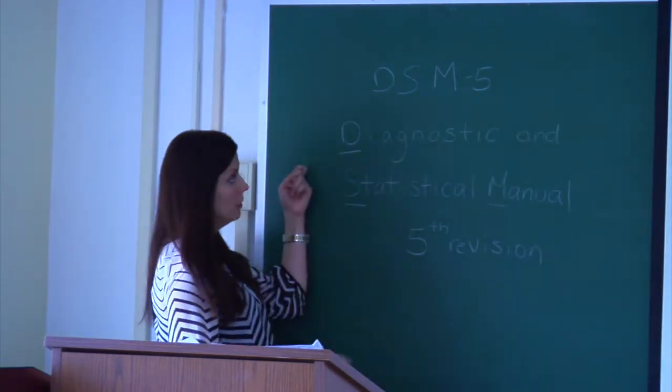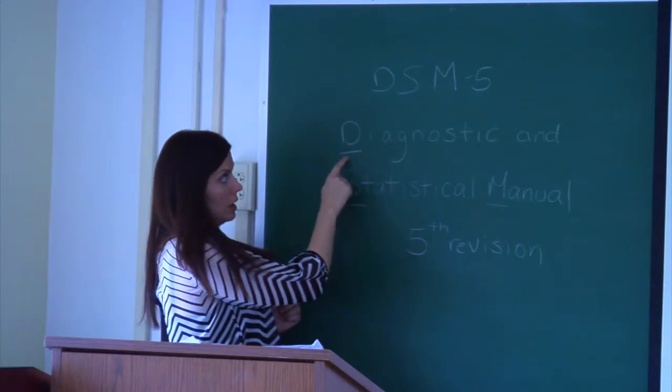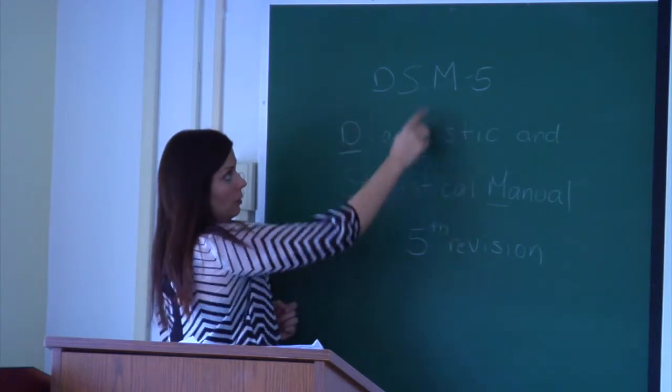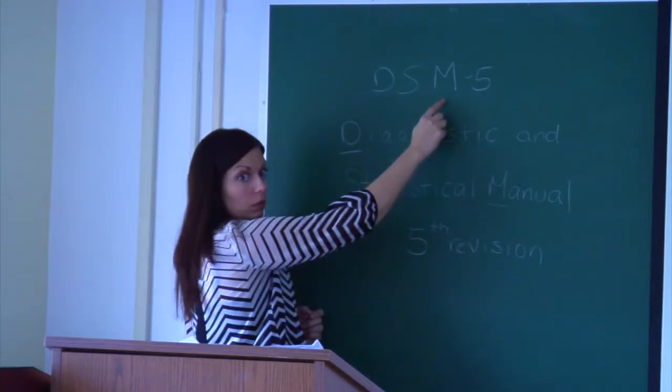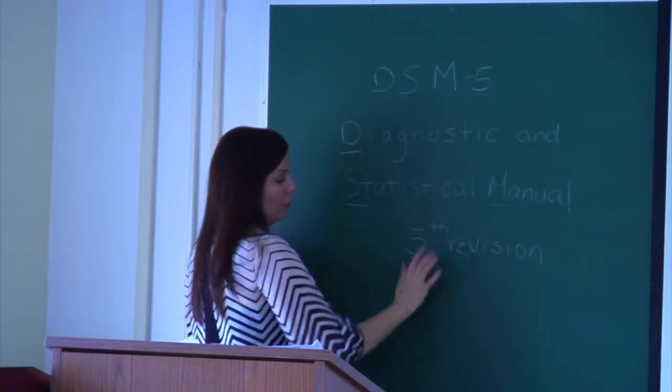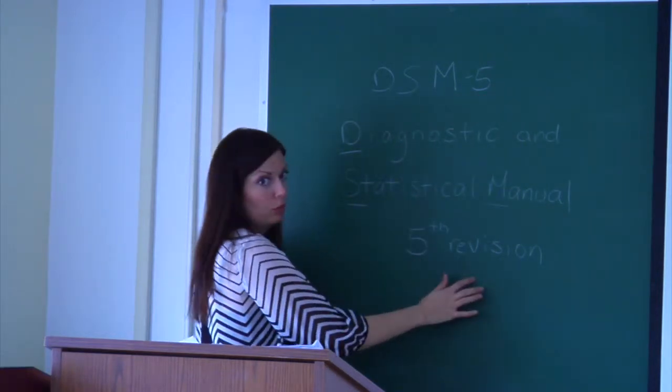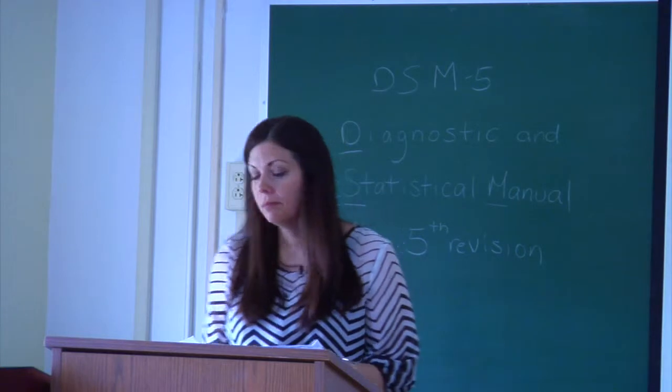So, DSM stands for the diagnostic, D, and statistical, S, manual, okay? And the 5 refers to the fact that the book's in its 5th revision or edition.